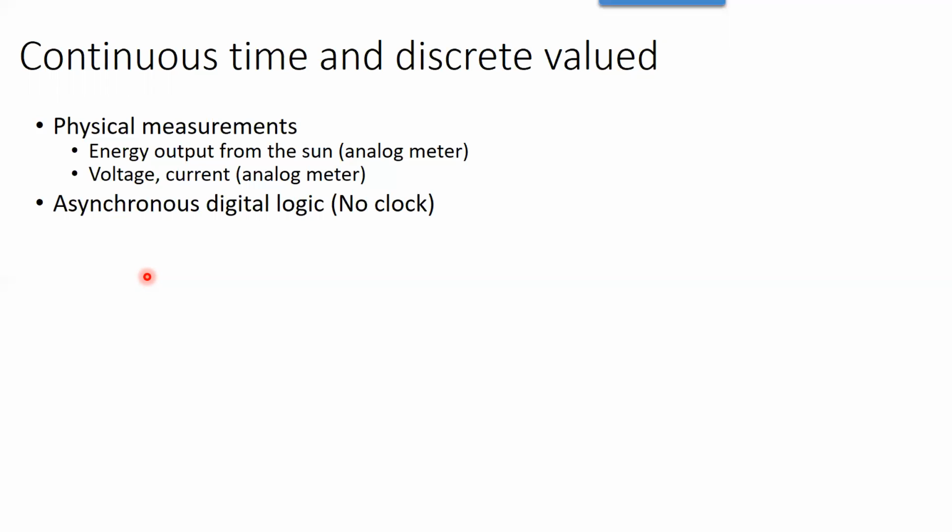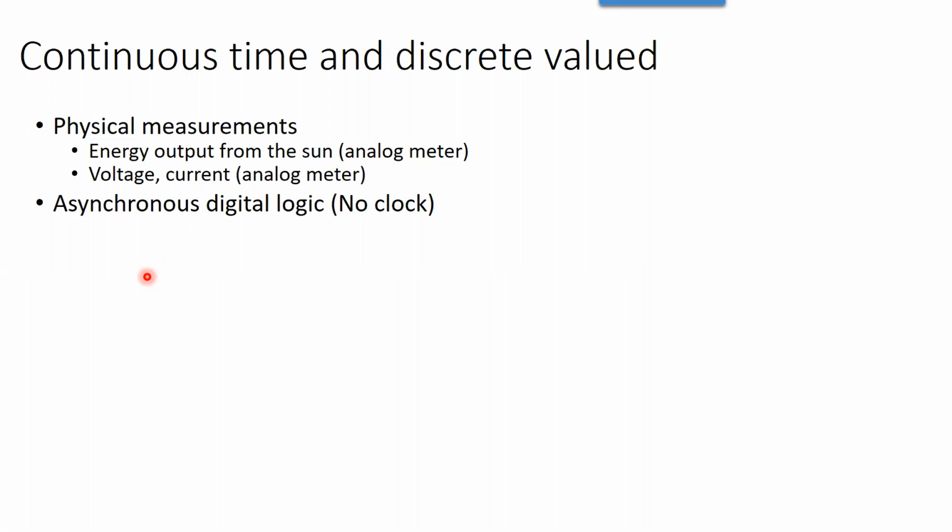But as soon as I write down the value that I'm estimating wherever the needle is at, as soon as I capture that and say that happened, well, now that value has become discrete time and discrete valued.